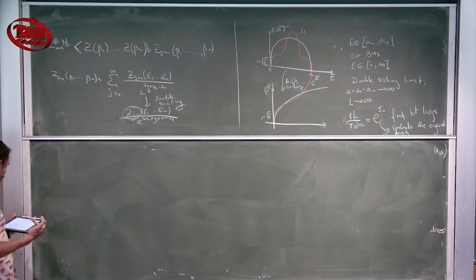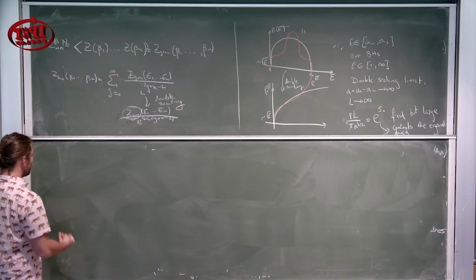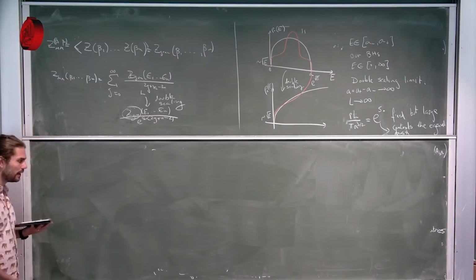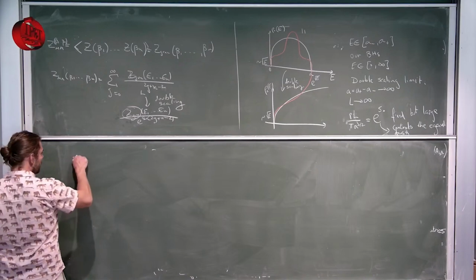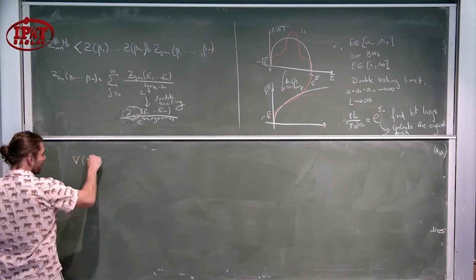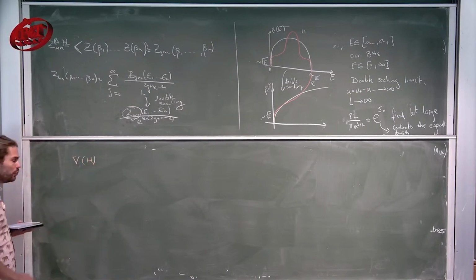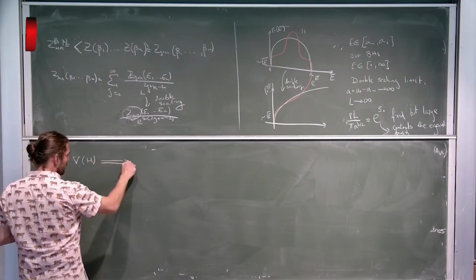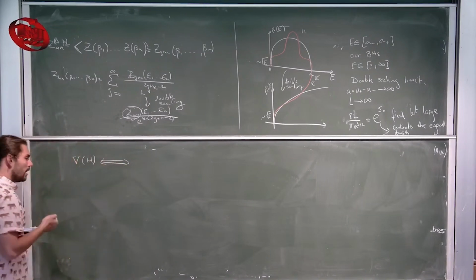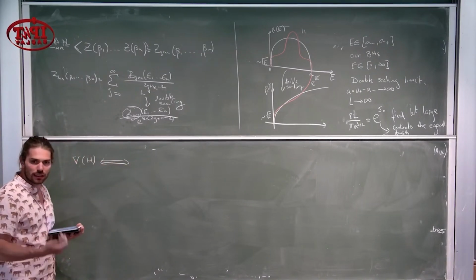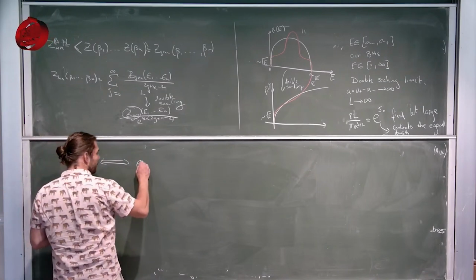The other thing that you have to know about a matrix integral is that V, the form of the potential V of H, uniquely determines, and vice versa, the form of the leading density of states, rho 0.